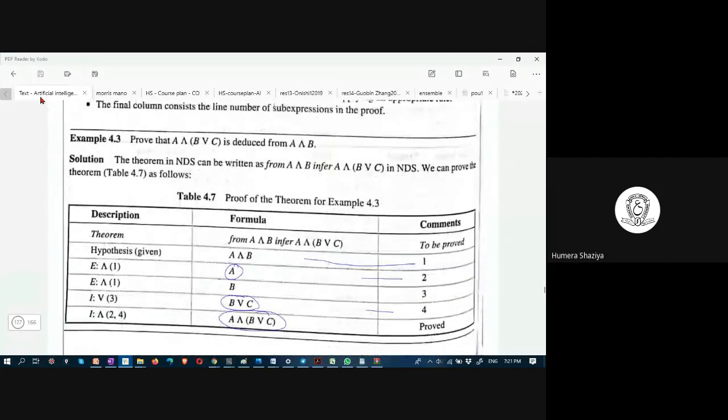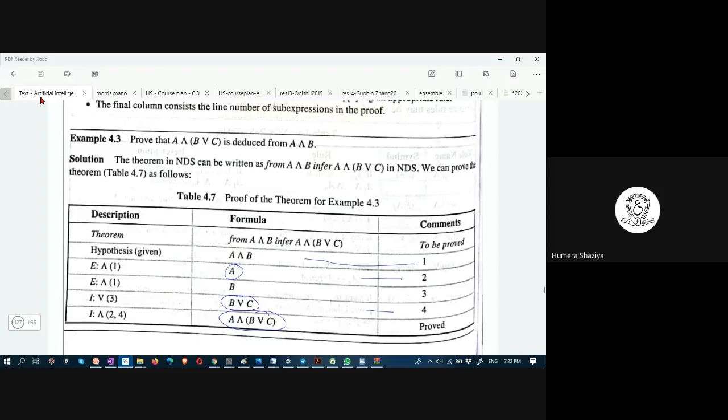And this example was discussed: we are deducing A and B or C from A and B. We start with A and B, and our rules are applied.